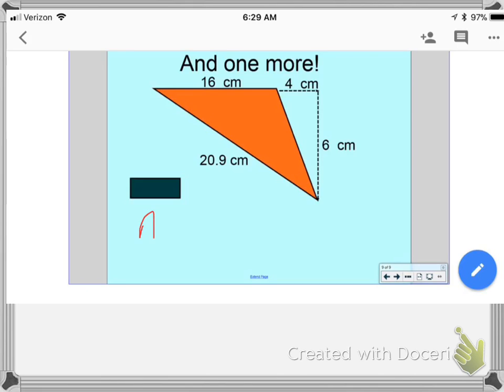Last one that we're going to do together. This model can be tricky if you are not thinking about what space is actually the triangle. So when I look here, I know I'm not using the 20.9 because that's part of the slant. Sometimes kids want to add this 4 centimeters to the 16 centimeters, but this space right here is not part of the triangle.